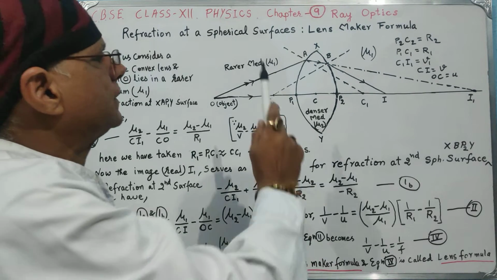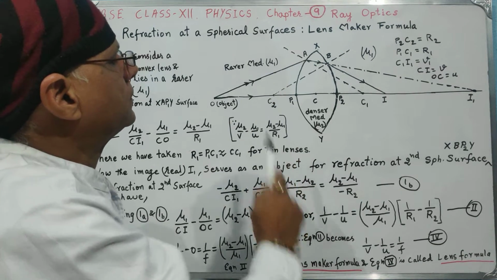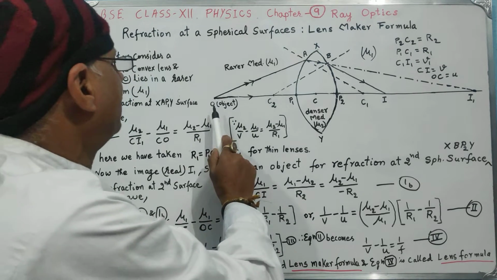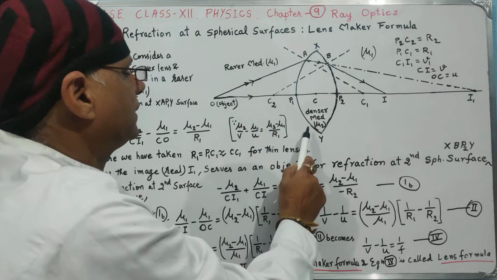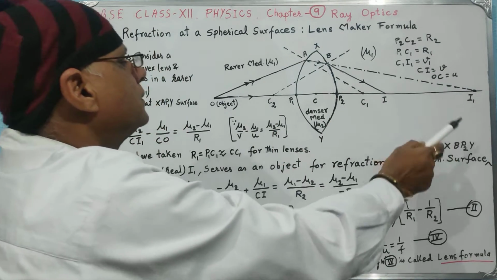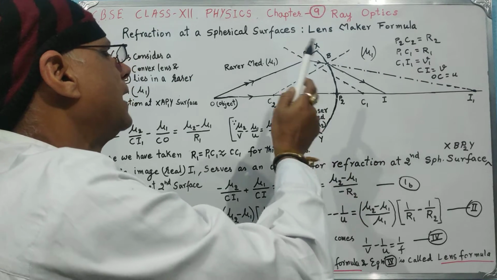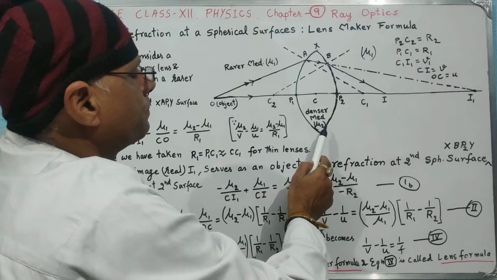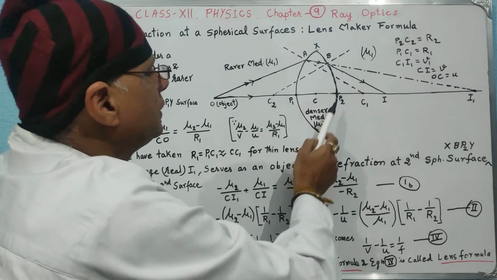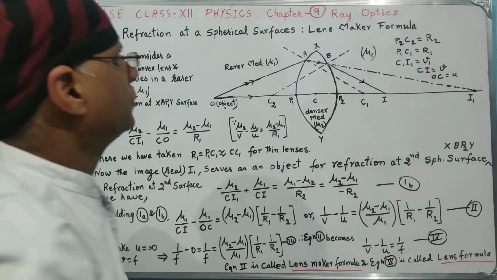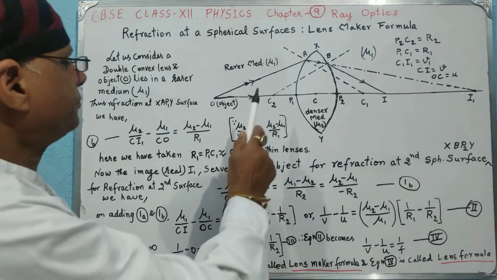Here you have to take care that the image formed by refraction at the first surface, which is at I1, serves as an object for refraction at the second surface, and due to refraction at the second surface the final image is formed at I. We have assumed it like this.